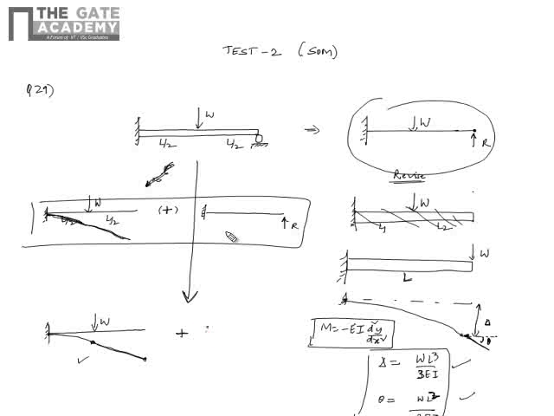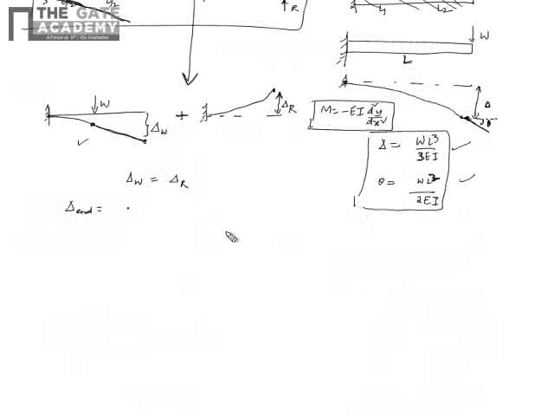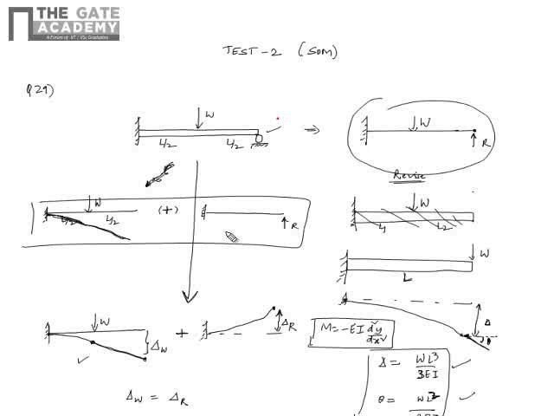If I have only R, say there's no W, it will just bend in this way because of R. Now if the deflection due to the load W at the end is equal to the deflection due to R, then the net deflection at the end is delta W minus delta R, and it will be 0, and that is the case which happens at the prop.